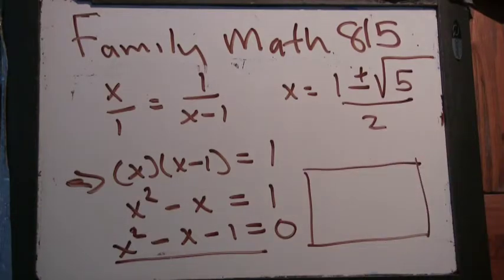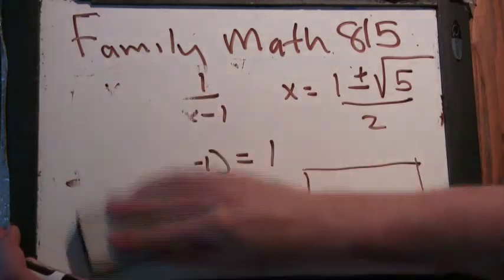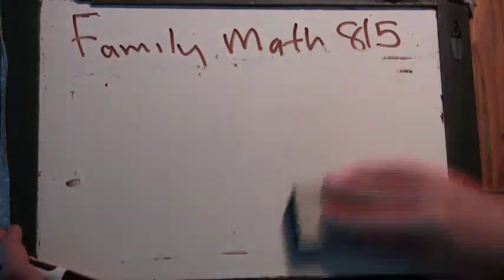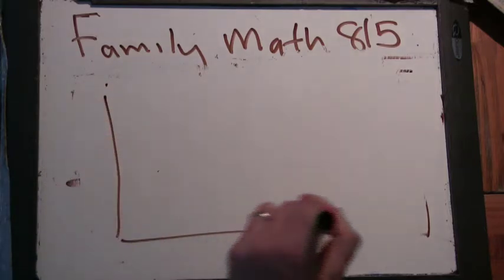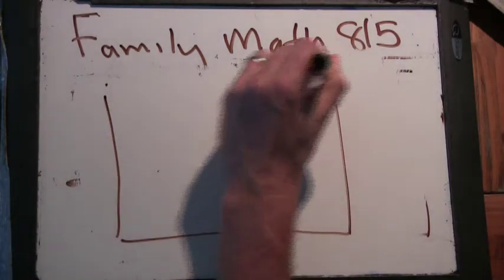And what else did you think was interesting about this? I thought the spiral of the golden ratio was neat. Oh, the spiral of the golden ratio was neat. Okay. Yeah. So if we have, and here I will have to draw it accurately, but I will not be able to draw it accurately.